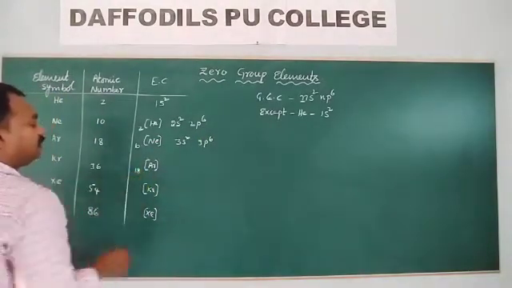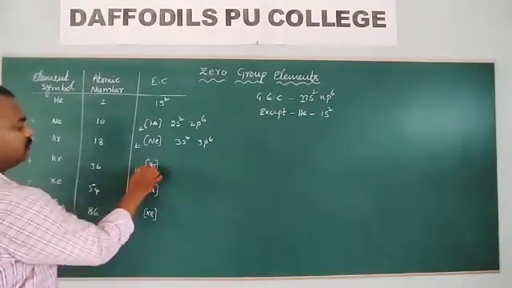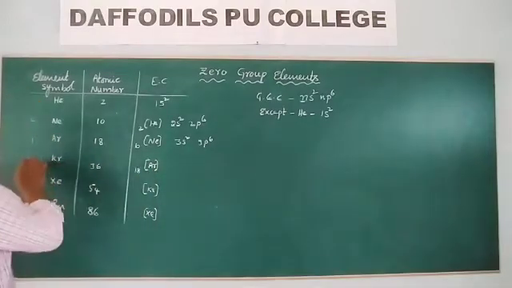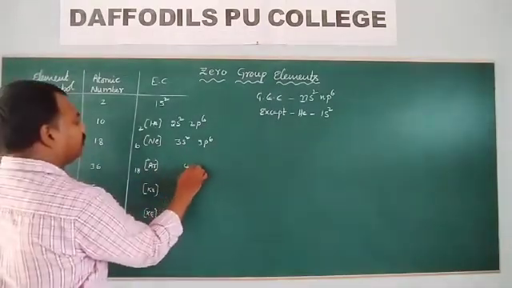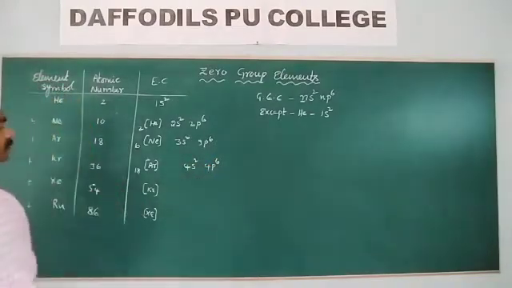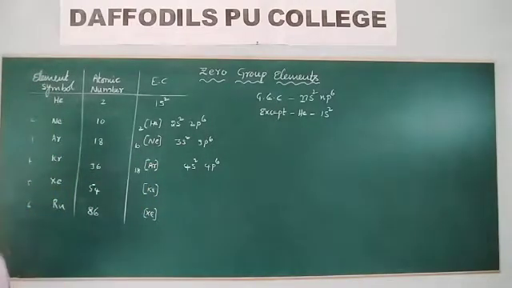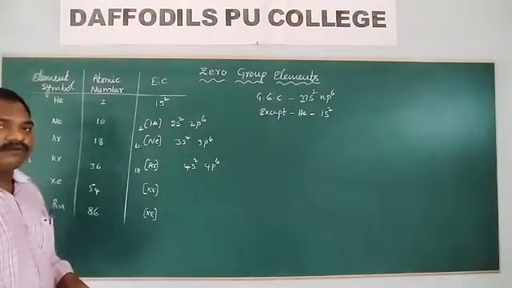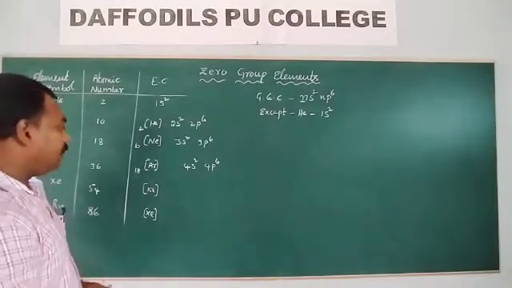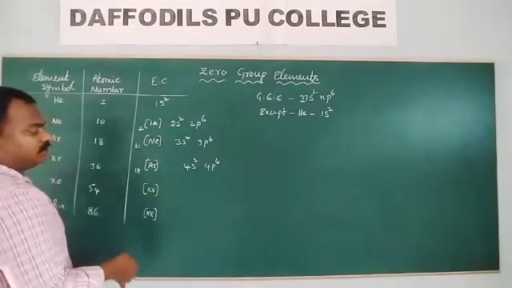Argon is 18, so up to 18 the electronic configuration is written in this square bracket. Now what is the electronic configuration? n stands for period number. It becomes 4s2 4p6. From fourth period onwards, d block elements begin. In d block, electrons enter the n-1 shell.